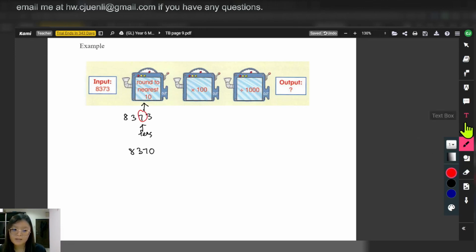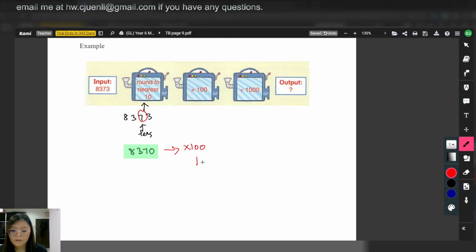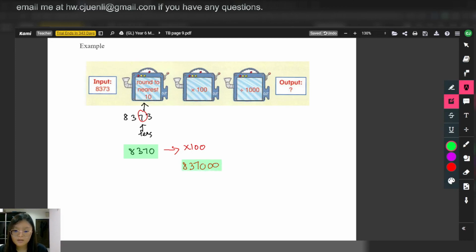Then the next part, we have to take this number and times 100. Okay, this time we're going to times 100. And let's say we put in 2 zeros, right? So we have 8370 and extra 2 zeros. This would be your working.